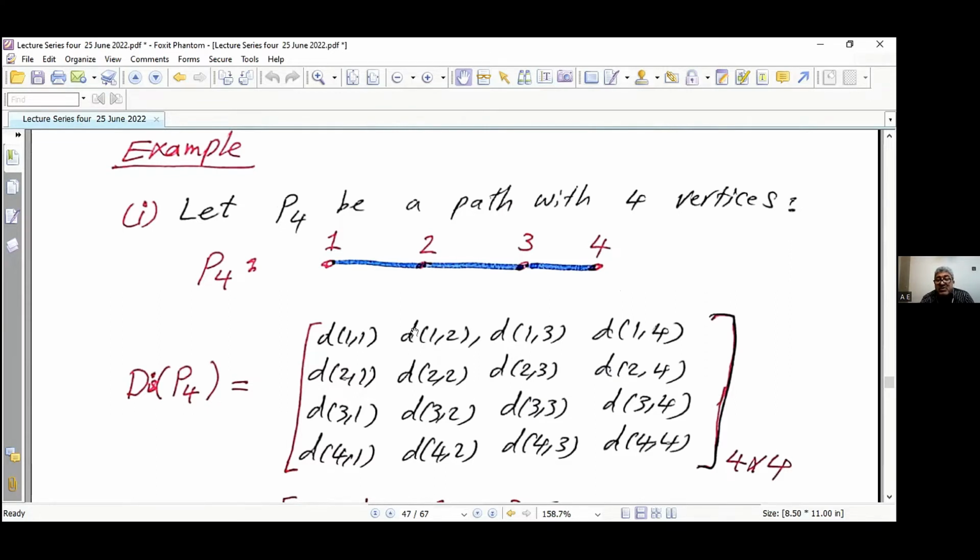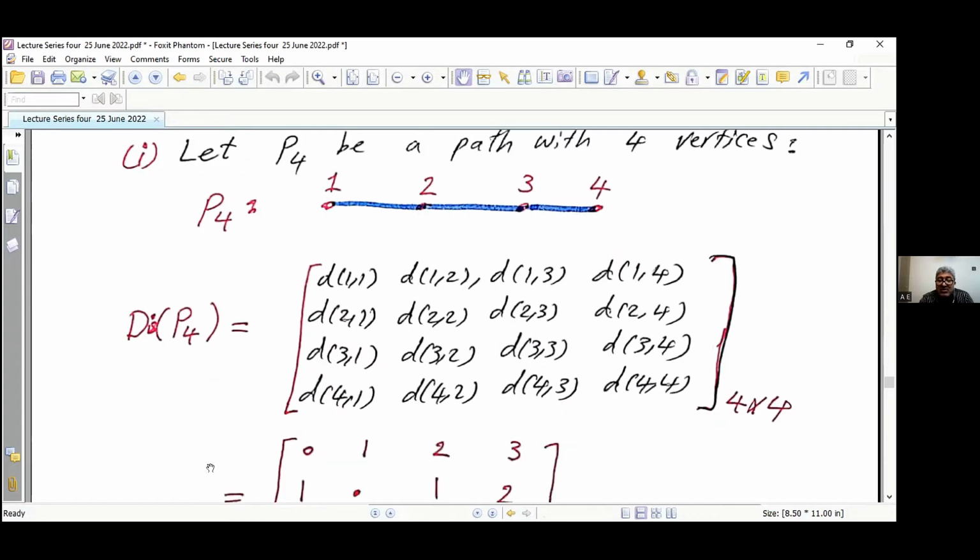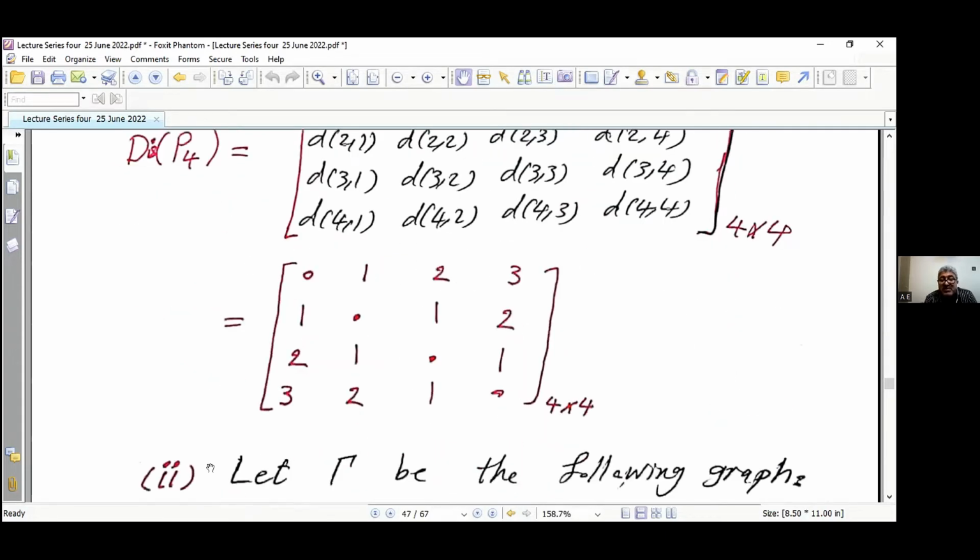The distance between vertex 1 and 2 is 1. The distance between 1 and 3 is 2, because we have the path 1, 2, 3. And the distance between 1 and 4 is 3, because we have a path of length 3. So here is the distance matrix for P4.